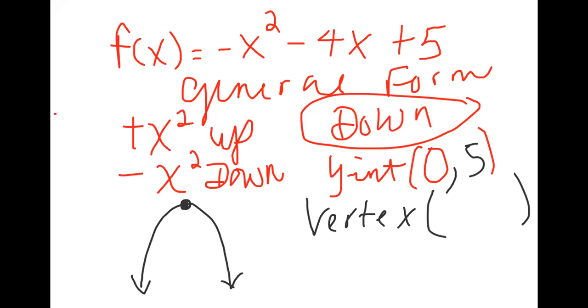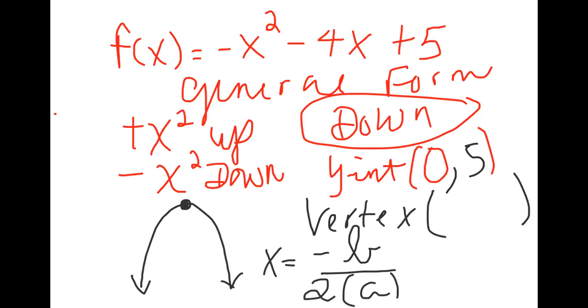To find the x value of the vertex, we're going to use this little formula here: x equals the opposite of b, the negative means the opposite, over 2 times whatever a is. In this quadratic equation, your a value is -1, and your b value is -4.